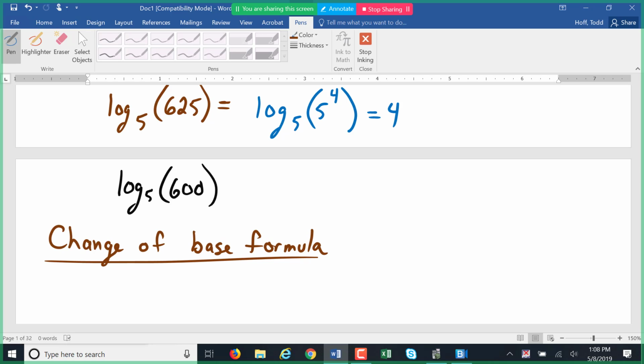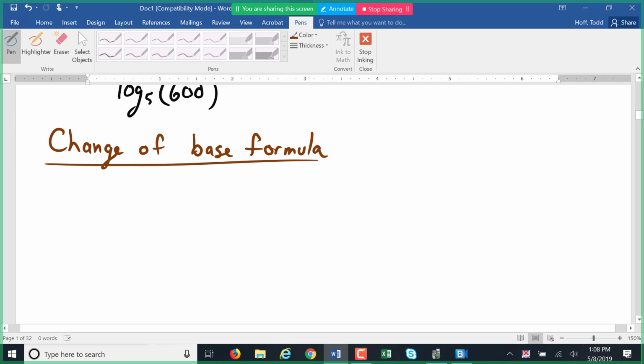So how can we calculate a log base 5 or some base that's not either 10 or e? We use the change of base formula.